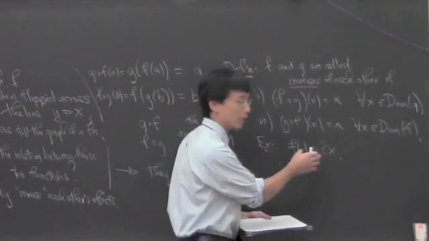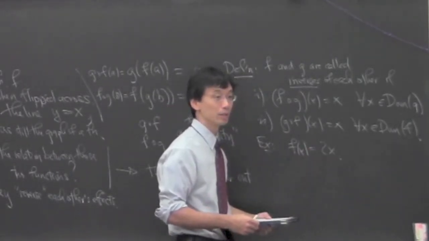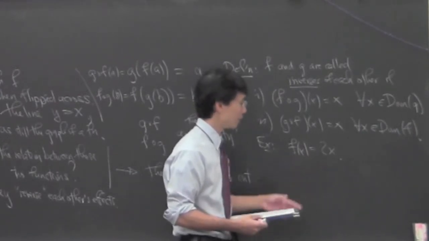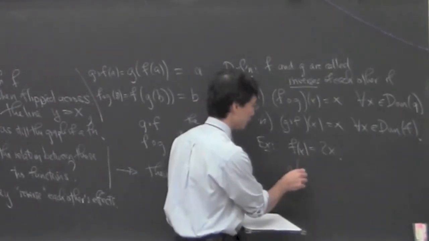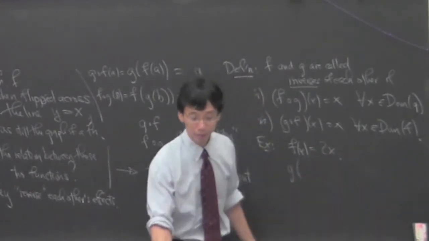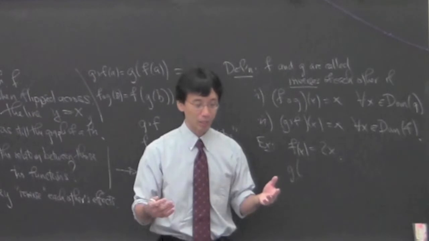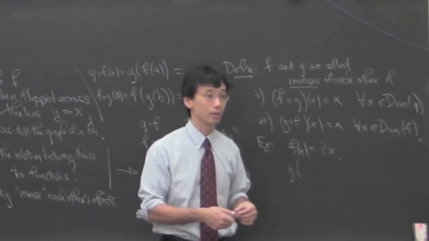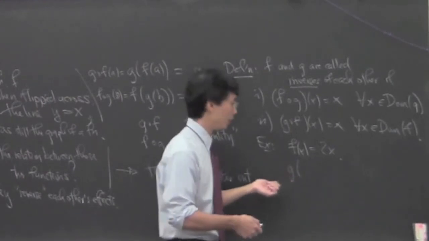So what function will cancel out the 2x? If I want a function that reverses the effects of 2x, f says, whatever you give me, I'm going to double it. The next guy wants to reverse that effect. So g of x will do what?